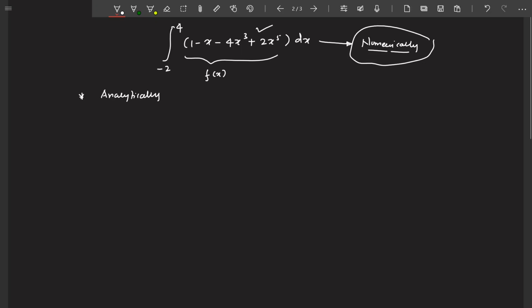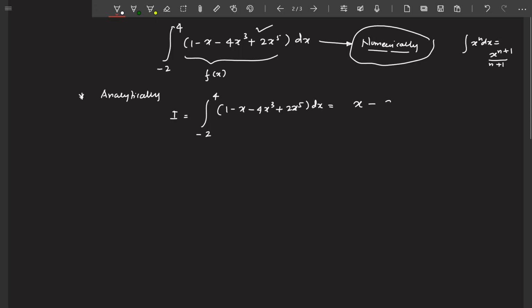So now you tell me how you are going to find out the integration of this function analytically. First you are going to write down integral of minus 2 4 1 minus x minus 4x cube plus 2x raised to 5 dx. Now we all know that integral of x raised to n dx is x raised to n plus 1 upon n plus 1. So integral of 1 is going to be x.